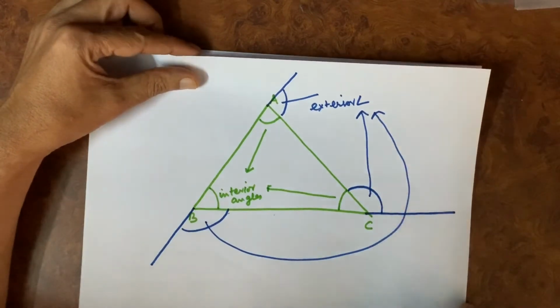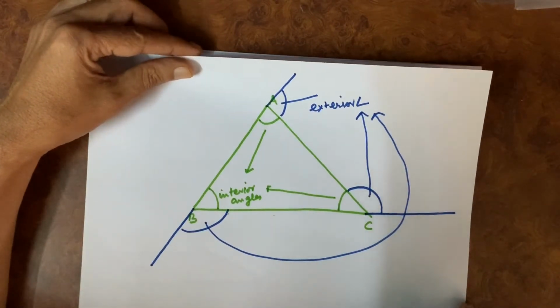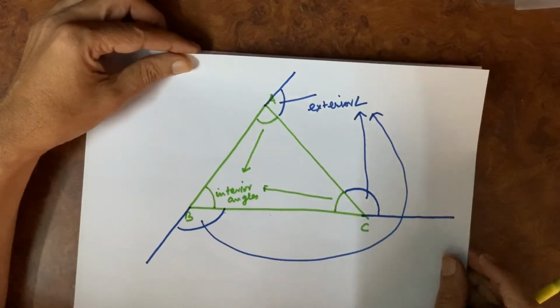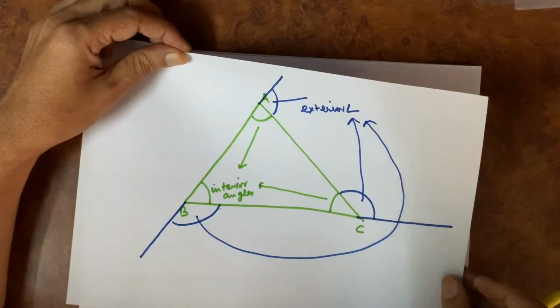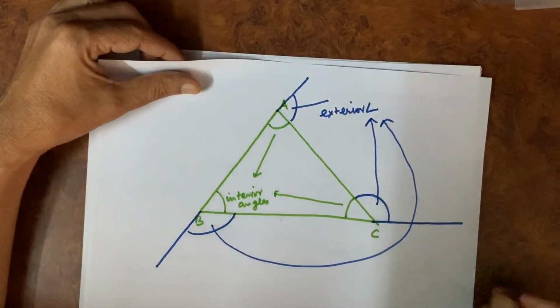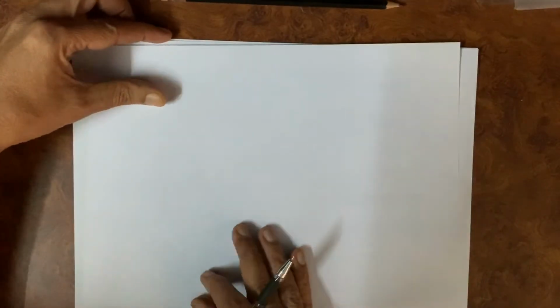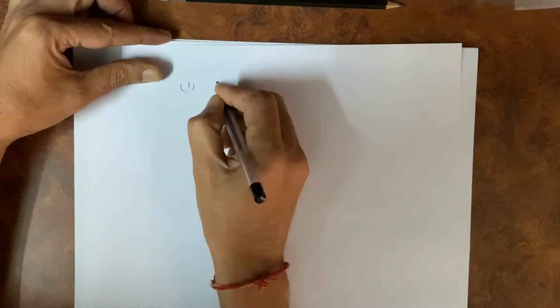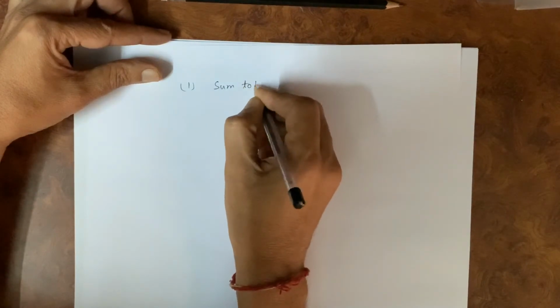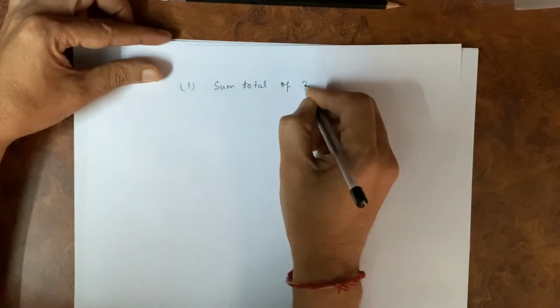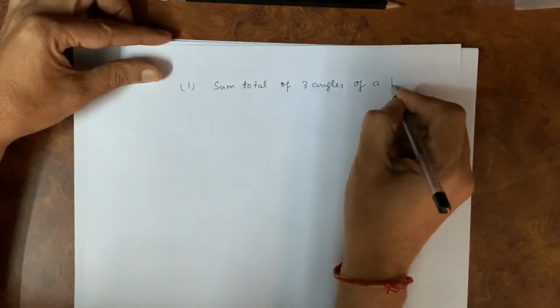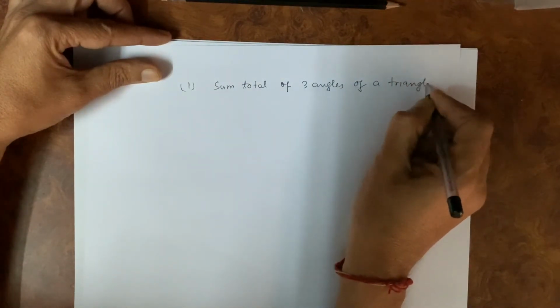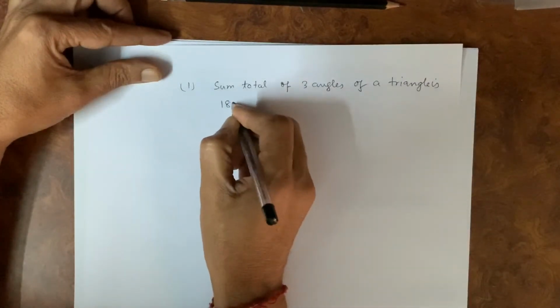Now, from the exam point of view, there are two theorems which we will study. The first is: sum total of three angles of a triangle is 180 degree.